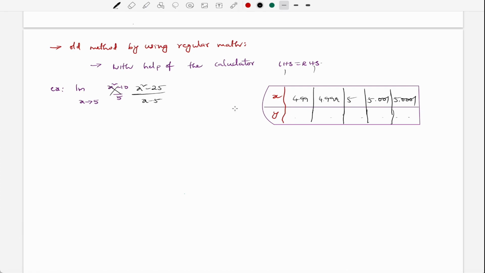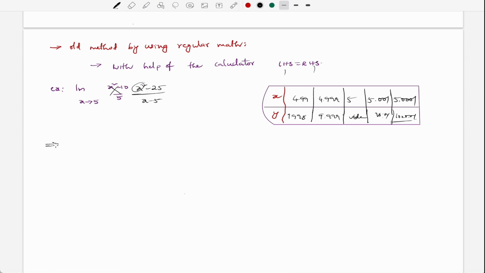It's just a simple kind of stuff. We simply plug in the values here and we get our output as 9.998, 9.9999, undefined. It will become undefined, and then 10.001, and then 10.0001. It is approximately equal to this value.